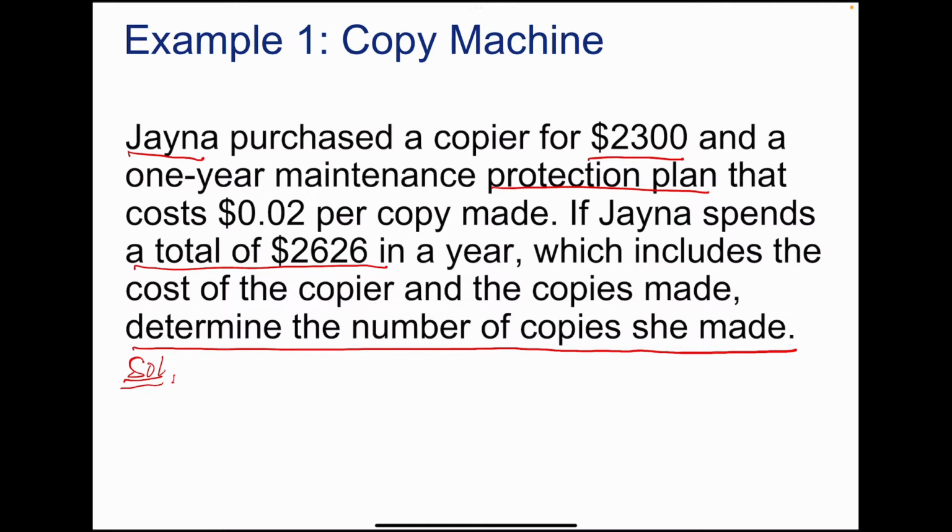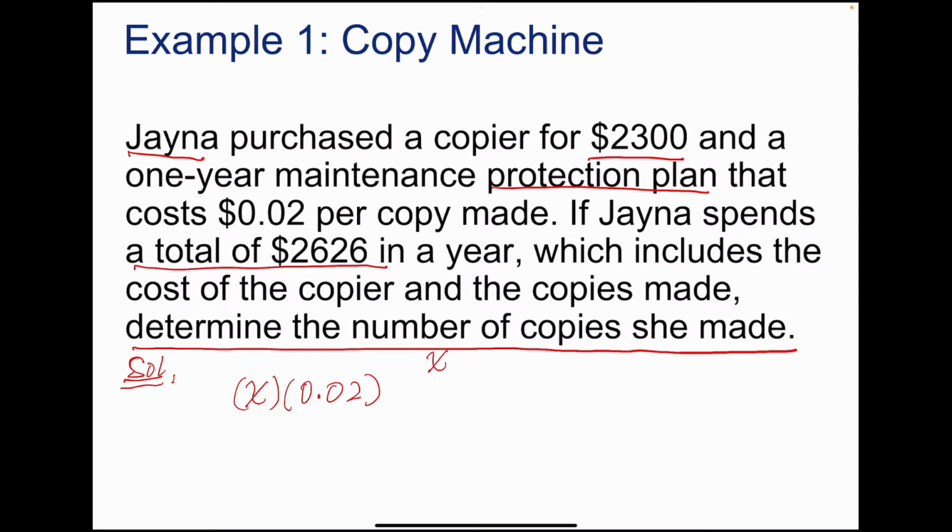In this case, we can identify that's the unknown we want to find, so we can use the letter X to represent it. So what we do here: if she made X number of copies, and per copy she will be charged 2 cents, I will say X times 0.02.